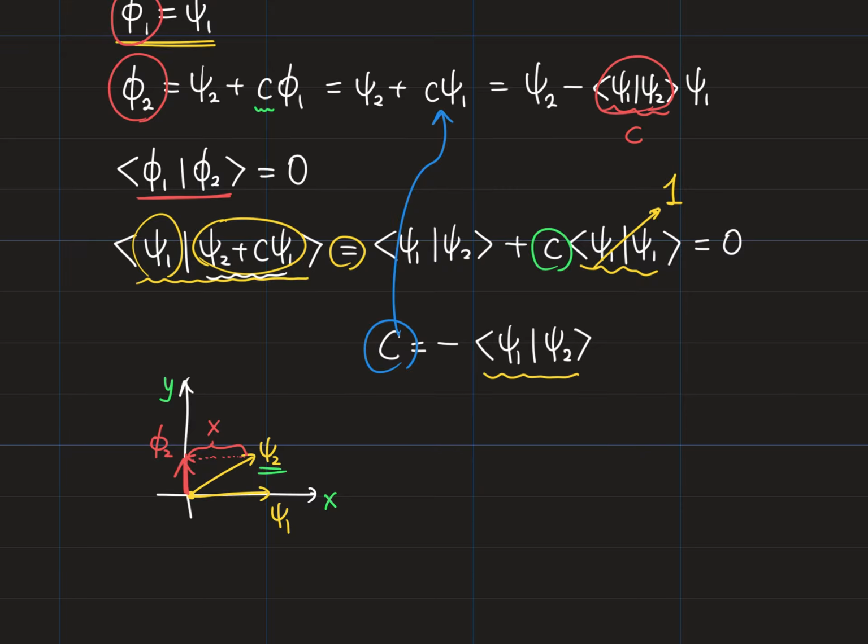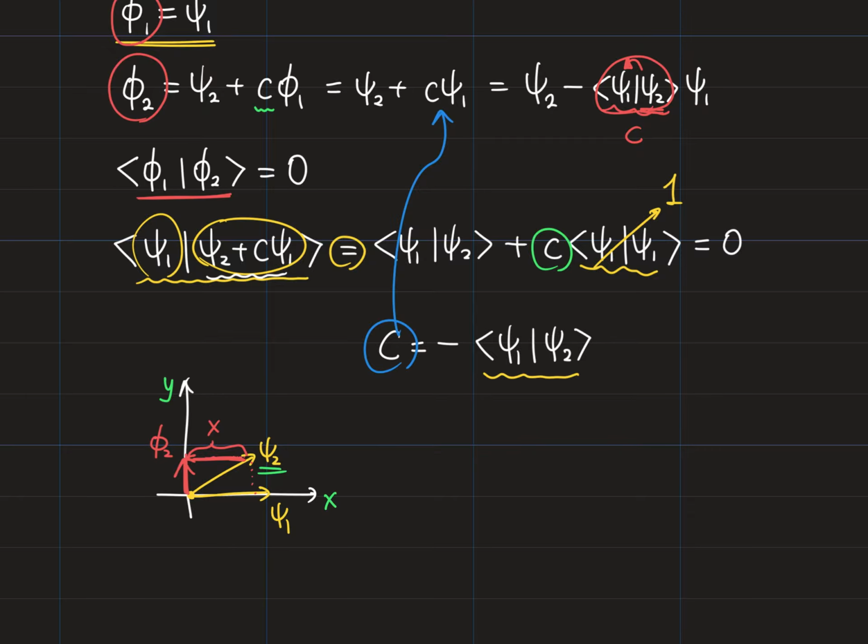The constant c is simply the overlap integral between these two functions, like projecting the second function onto the first function space. So we project the psi 2 on the psi 1. That is exactly the extent of the x direction to be removed in the second wave function.